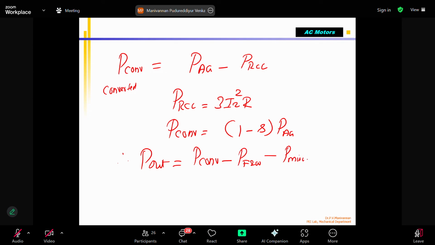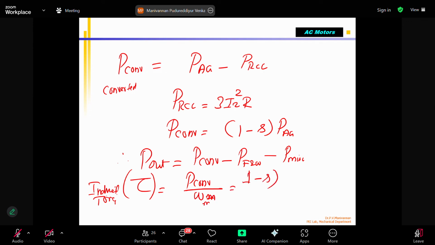Okay. So lastly, the induced torque tau equals P converted divided by omega_m. Substituting, this can be written as 1 minus S into P_AG divided by 1 minus S into omega synchronous.